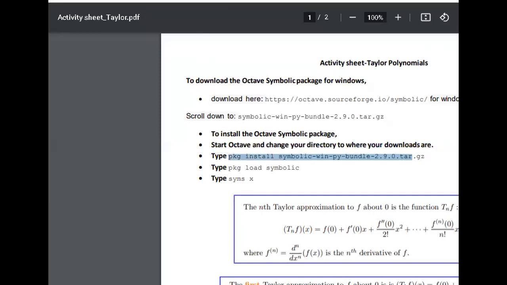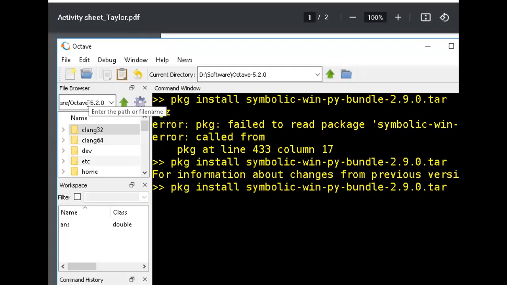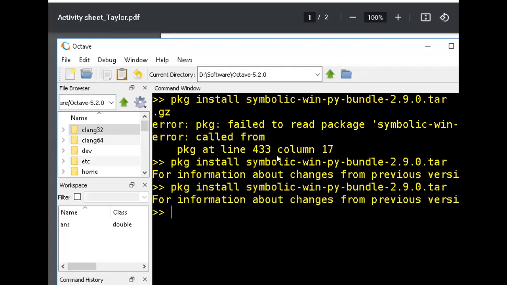Let's do it again, paste that and enter. All you need to do is select the right directory here. In this folder I copied the relevant file. So you have to change that. Right. It's working now without any errors.